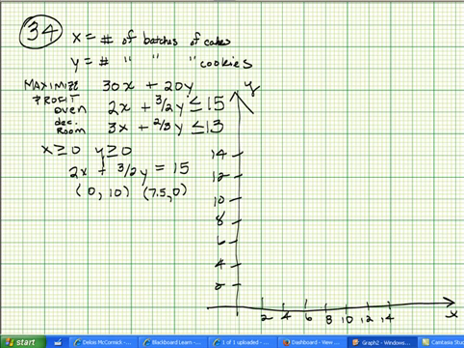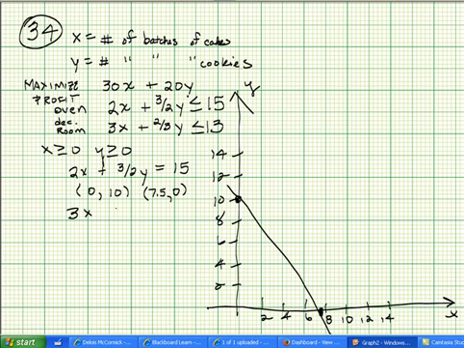So here's 7, and in between there would be 7.5. Okay, my lines are going to be crooked, but that's the best I can do on this computer screen.